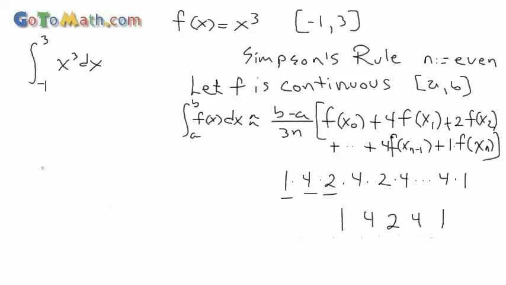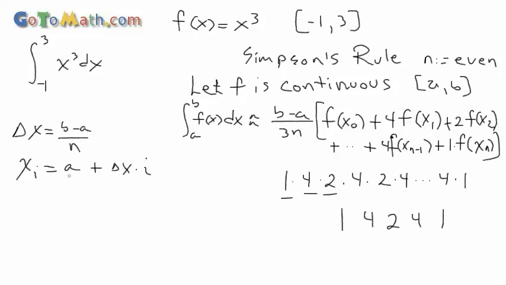Okay. So some things we need to know. Delta x is equal to b minus a over n, and x of i is equal to a plus i delta x. So this is just like in the trapezoid rule, where the right endpoint is what we're plugging into the function.